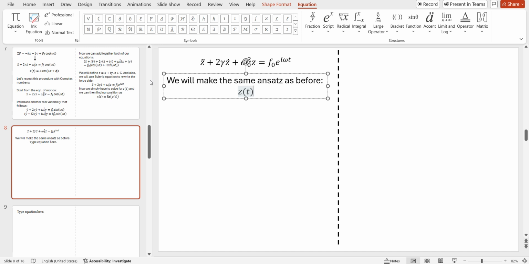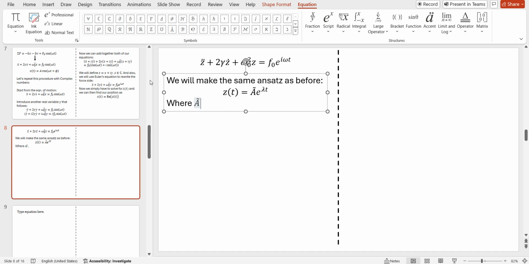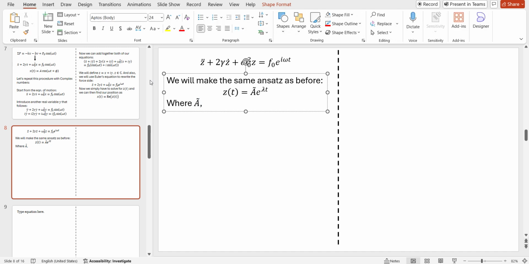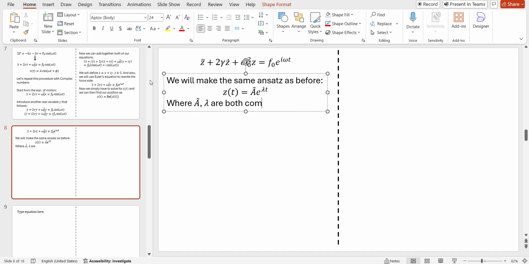We're going to assume that z of t is of the form a tilde e to the lambda t, where a tilde and lambda are both allowed to be complex constants.